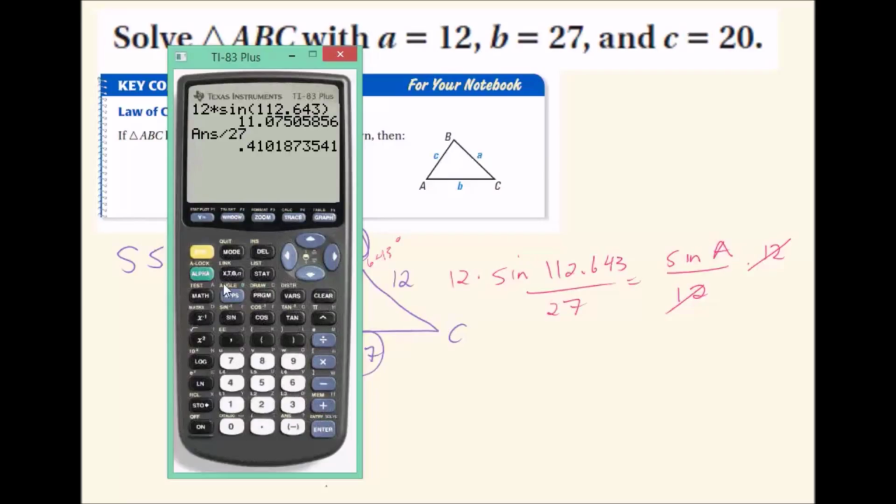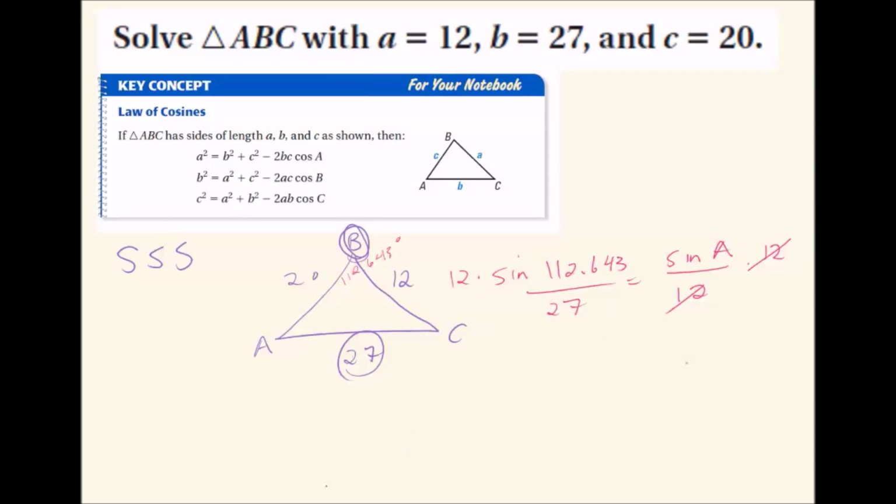And we have to do the second sine to find the angle, which is 24.204 degrees. To find the last angle, the last thing we need to do is just do 180 minus the angles we already have.